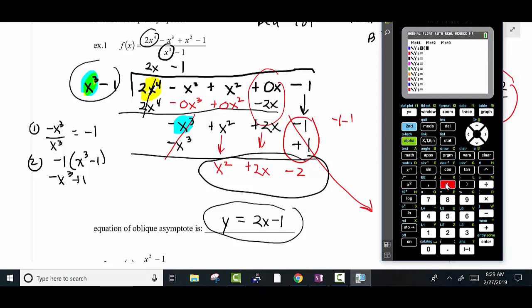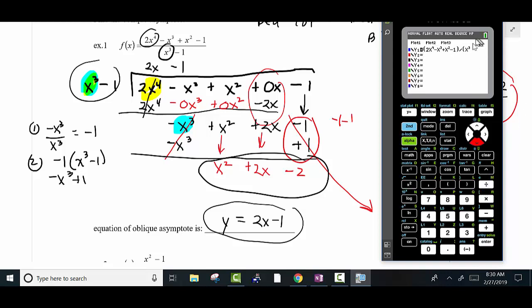So go ahead and just put it in. Put the numerator in. That would be 2x to the fourth, minus x to the third, plus x squared, minus 1, divided by x to the third minus 1.